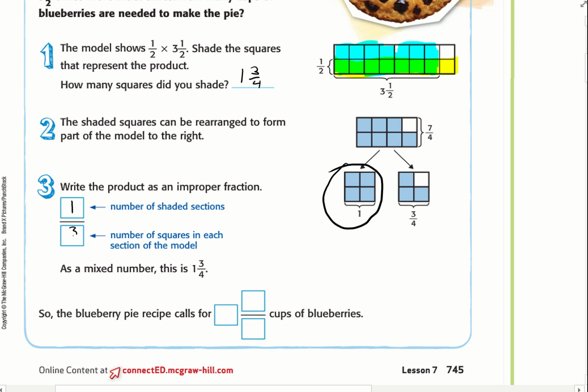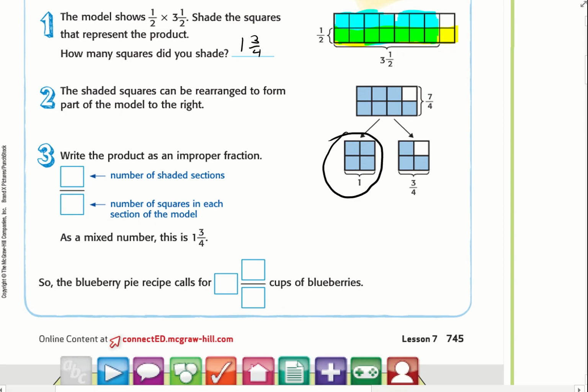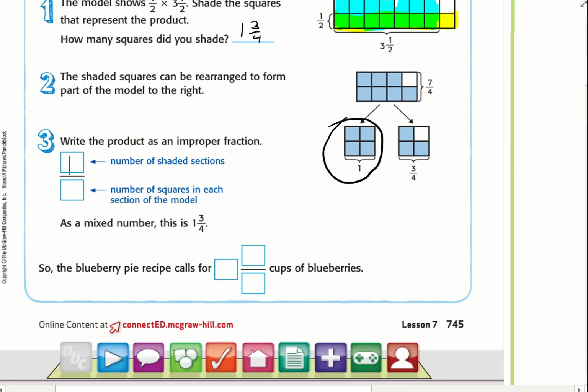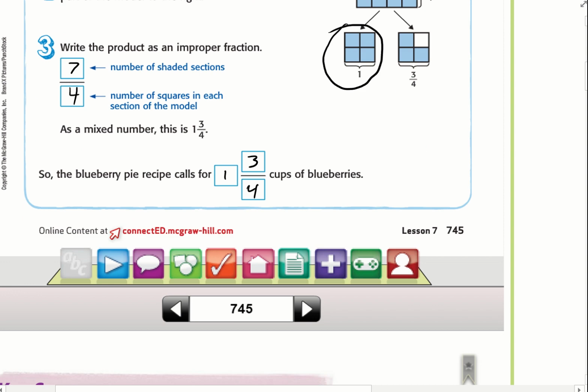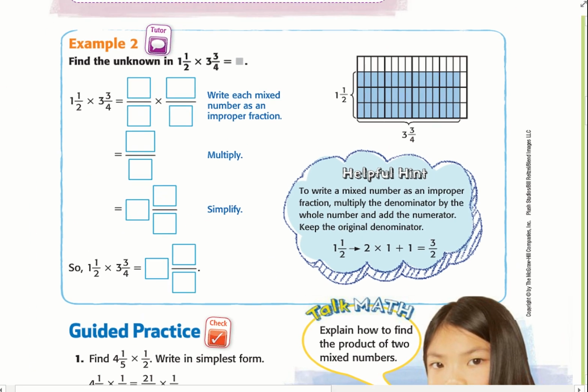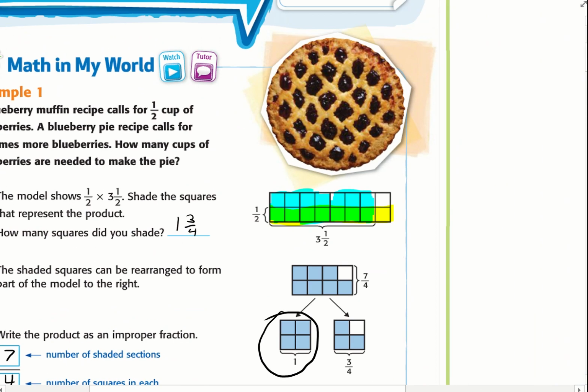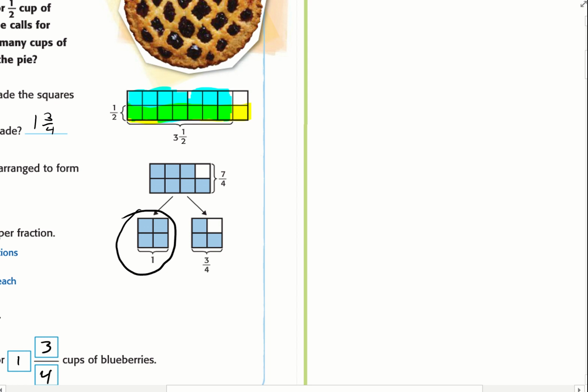So as an improper fraction, I have 7/4. So that's 1 3/4. Now, I know that didn't make any sense. So I'm going to teach you guys the other method of changing mixed numbers to fractions.